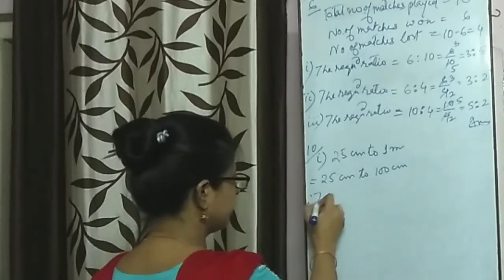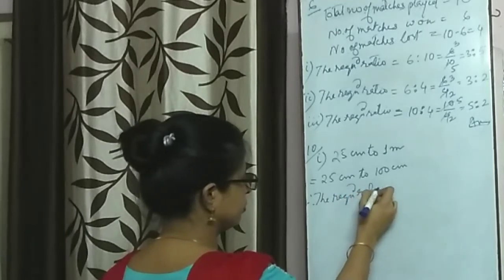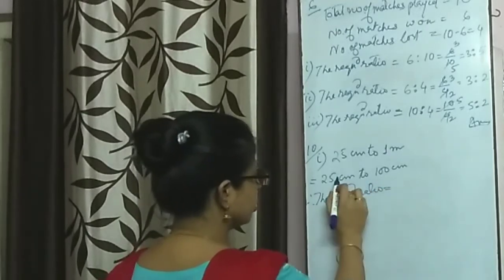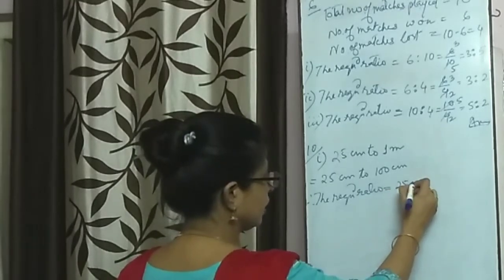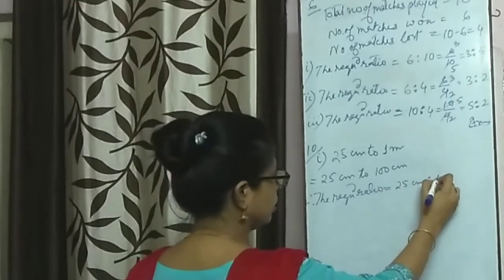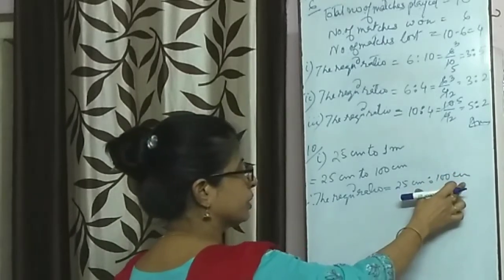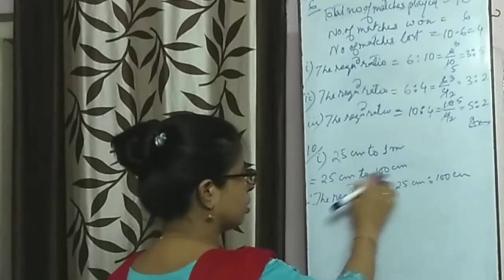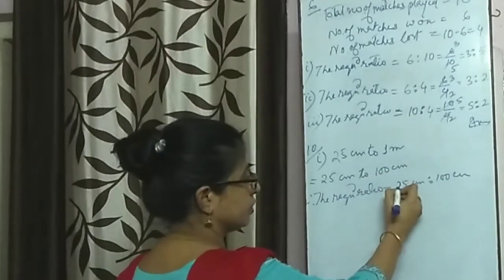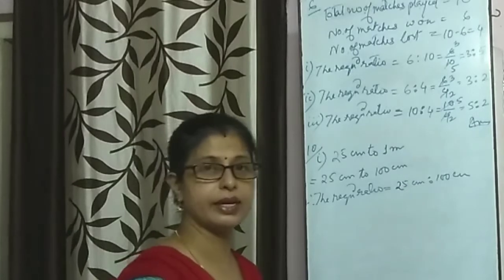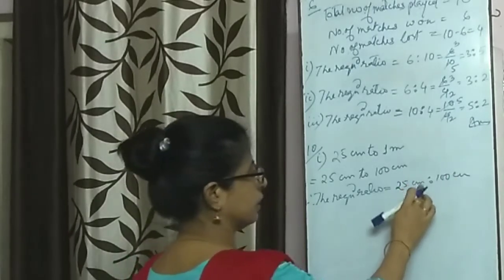Therefore, the required ratio is 25 centimeter to 100 centimeter. These units, if you don't write them down, it is also correct, because we have already made the units similar, and while taking the ratio, the unit never exists there. So without writing the unit also you can calculate.